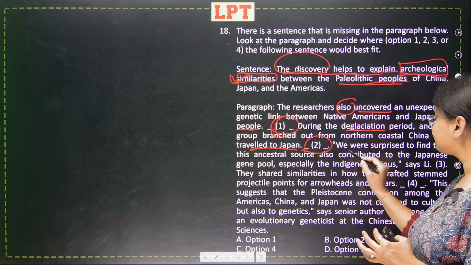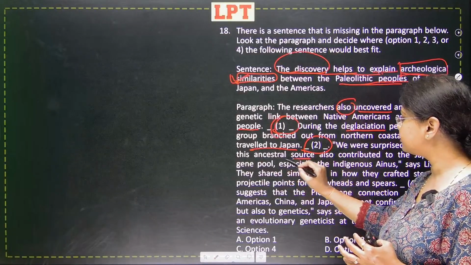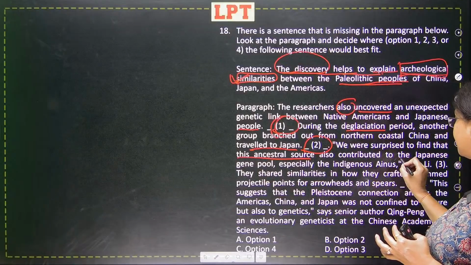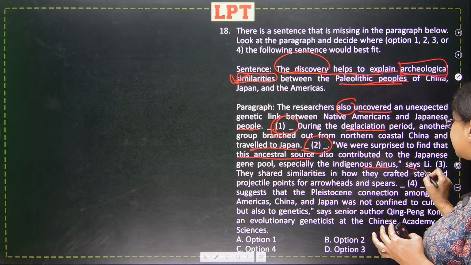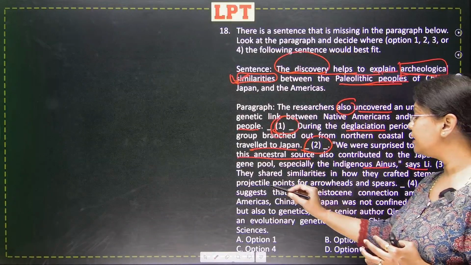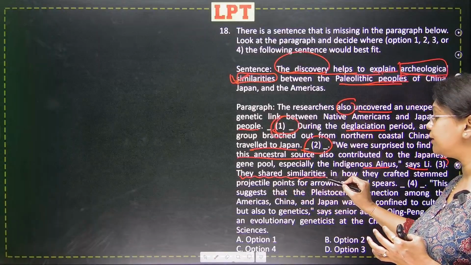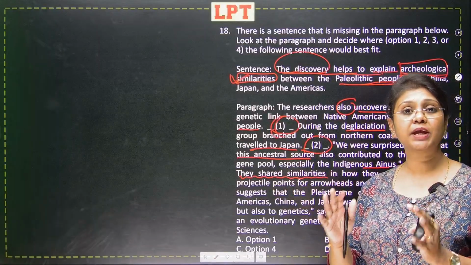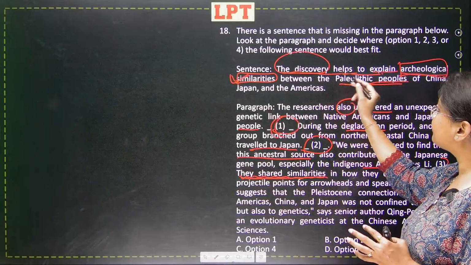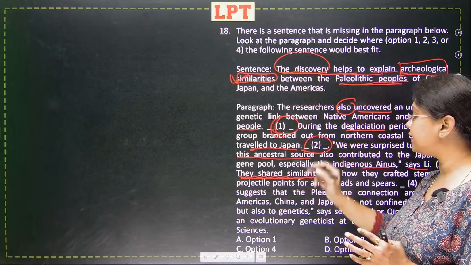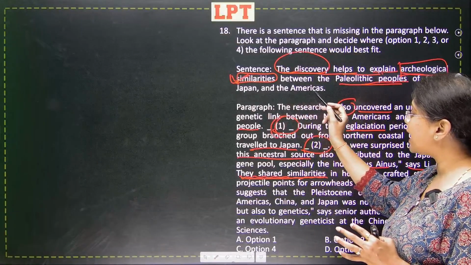Now that says, we were surprised to find that this ancestral source also contributed to the Japanese gene pool, especially the indigenous Ainu cells. And you have a third blank. They shared similarities. Okay, so you have a very important clue here. It says, they shared similarities. We talked about how the discovery helps to explain archaeological similarities, and we found that it talks about the peoples of China, Japan and the Americas.